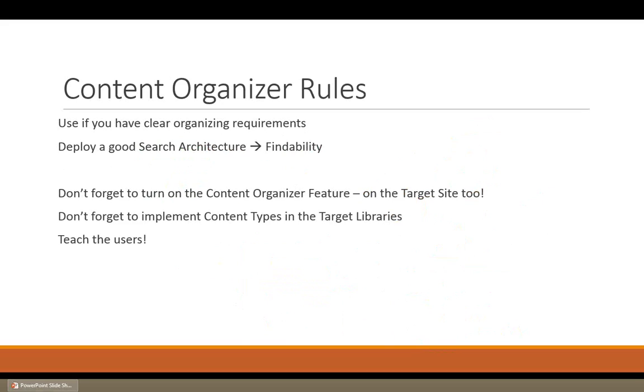Okay, so content organizer was the most important thing. They improve the findability of the documents again, because whenever you put in metadata, based on this metadata those documents can get organized. You can change how they will be organized.